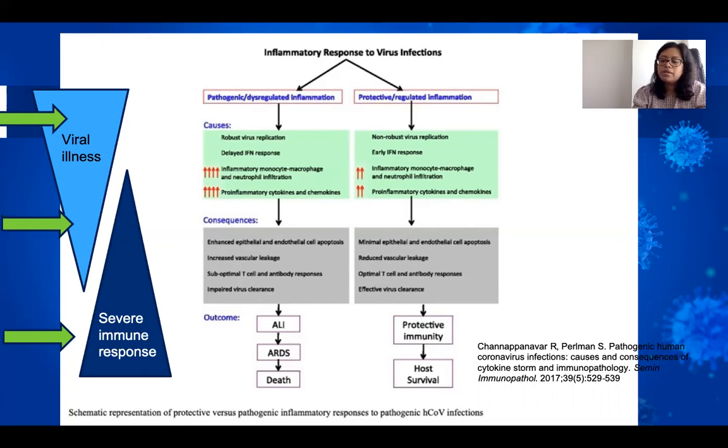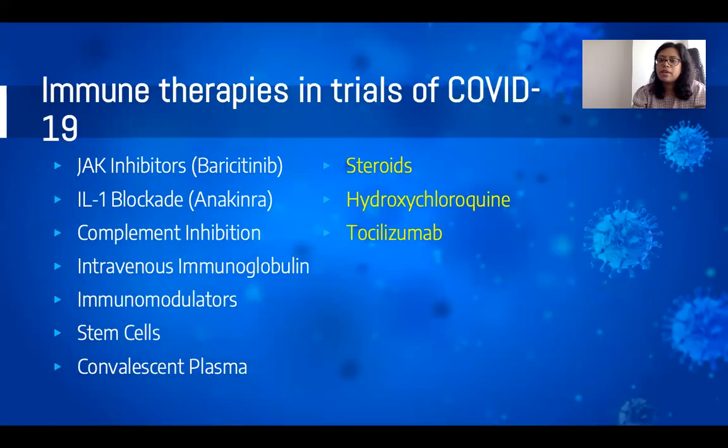But what I'm going to do is just touch on 3 medications for the sake of time: steroids, hydroxychloroquine, and tocilizumab. These medications are commonly used in rheumatology practice, but I'm looking at the trials of these medications in patients with COVID.